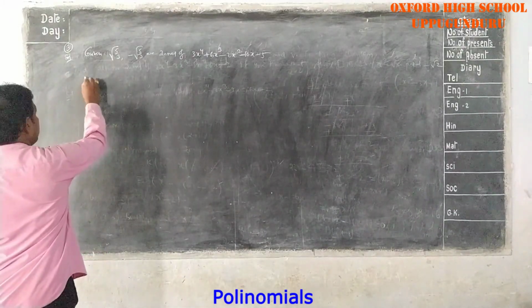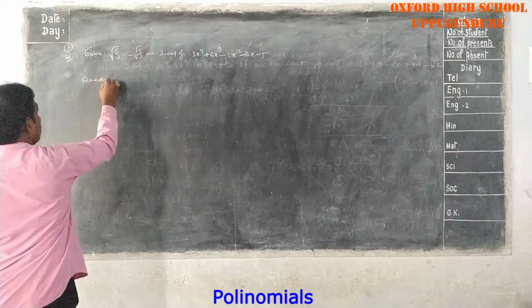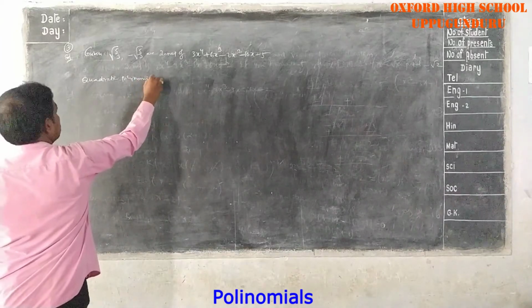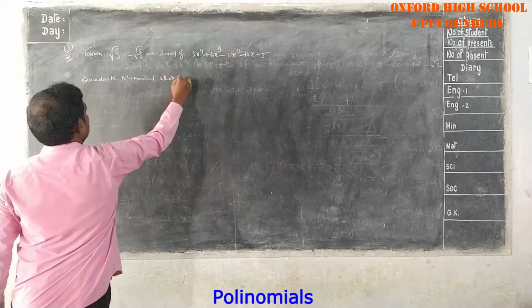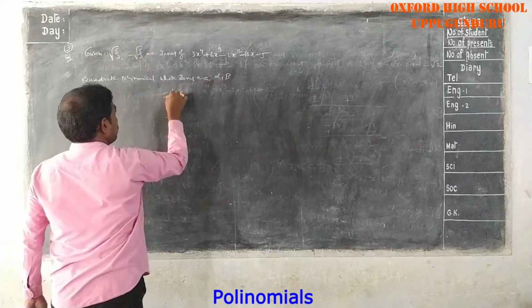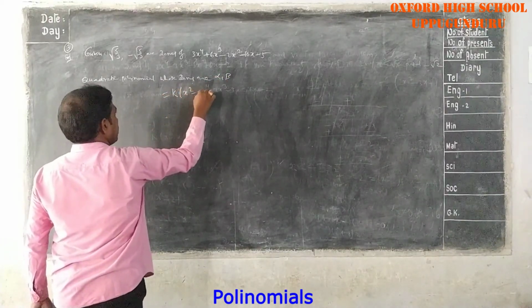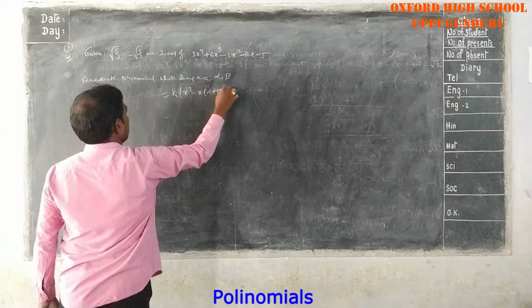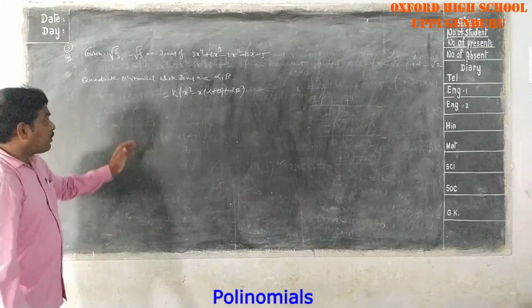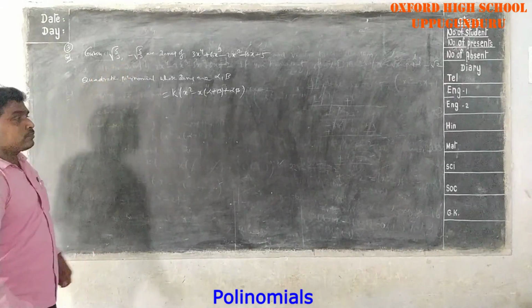Now first you have to write the quadratic polynomial whose zeros are alpha comma beta equal to k of x square minus x of alpha plus beta plus alpha beta. Now you have to find the quadratic polynomial whose zeros are these two.